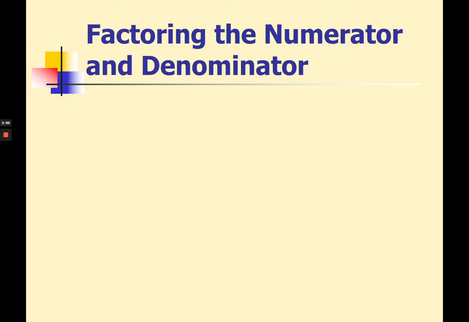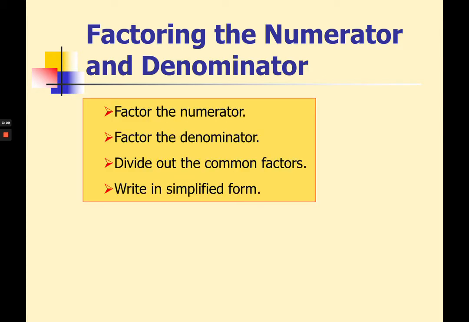Now, how do you do the other way, wherein you need to factor the numerator and denominator and afterwards divide out or cancel? First, you factor the numerator and then factor the denominator, then divide out the common factors and write the simplified form. Let's have your example, 3x squared plus 9x all over 12x cubed.